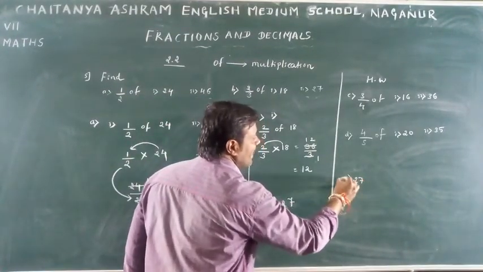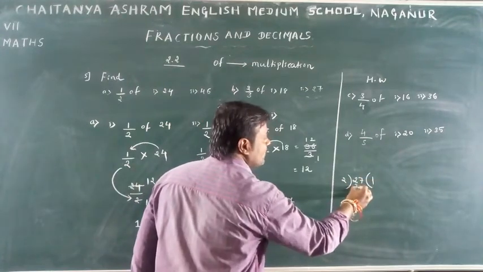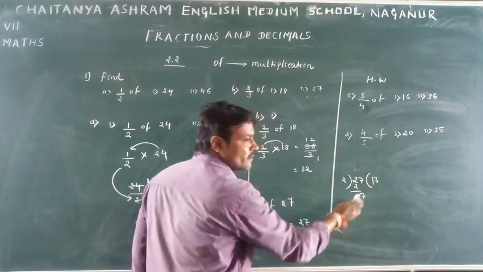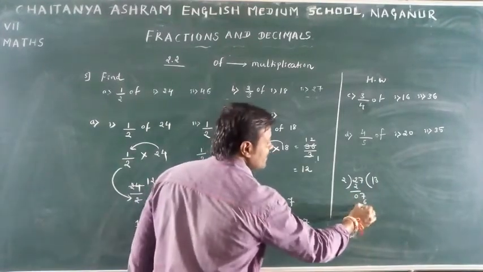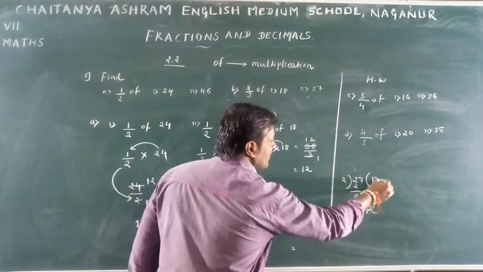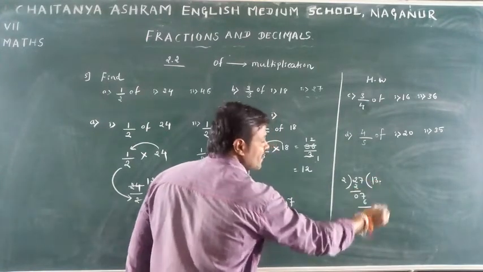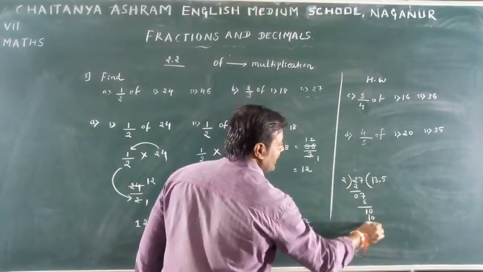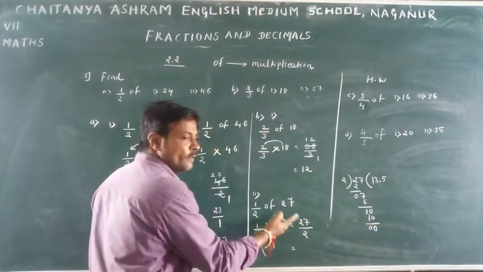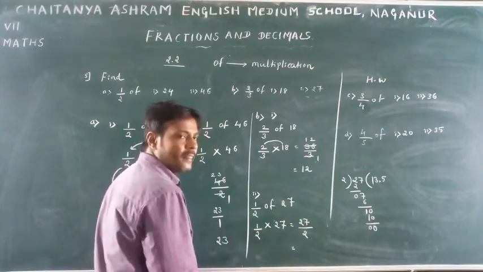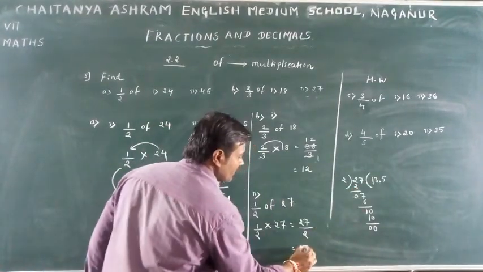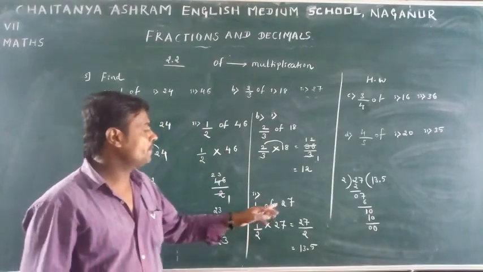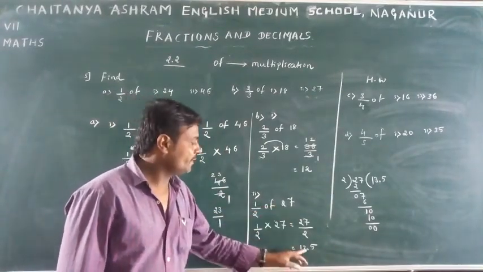Divide 27 by 2. 2 ones are 2, subtract, 0. Take 7. 2 threes are 6. 7 minus 6 is 1. Continue the division process. Put a decimal here, 0. 2 fives are 10. So 27 divided by 2 is 13.5. So half of 27 is 13.5.